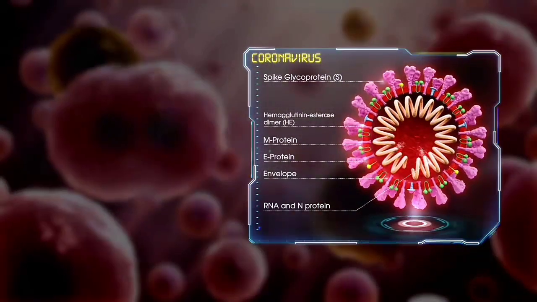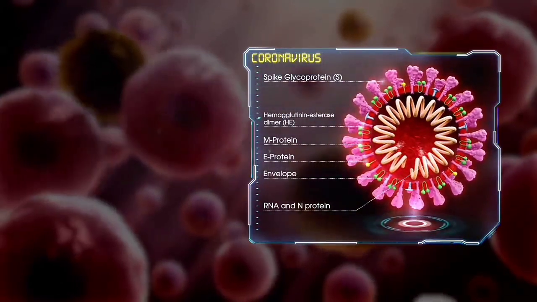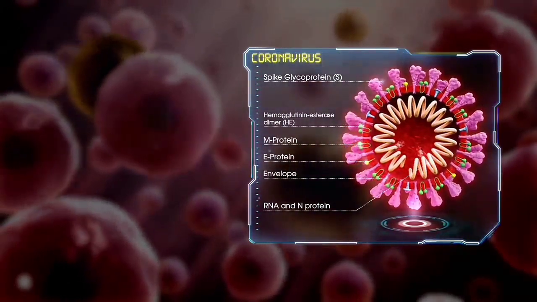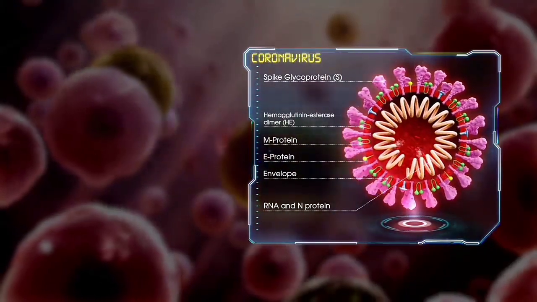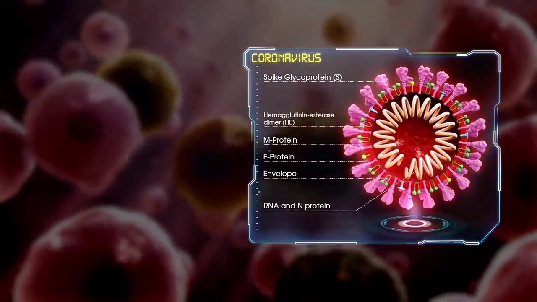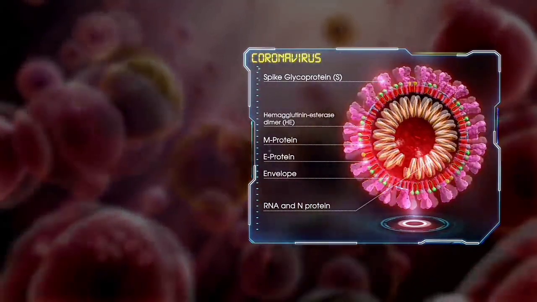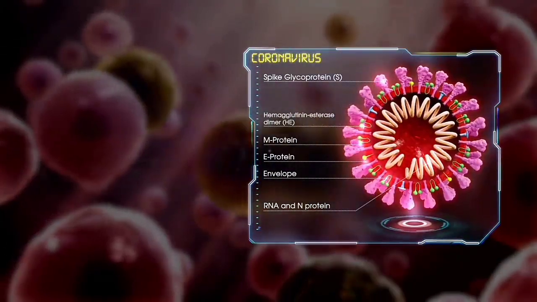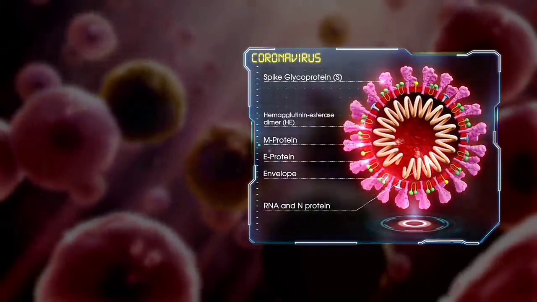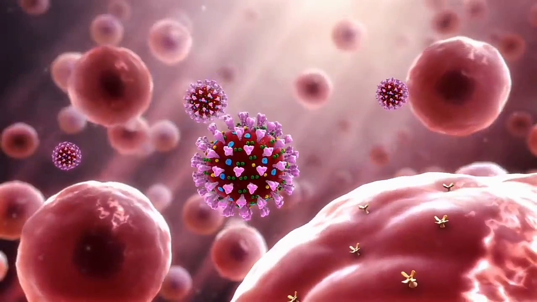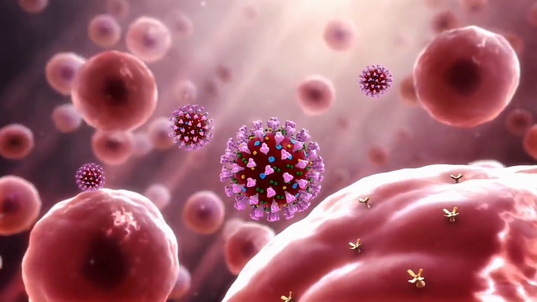Inside the virus lies the genetic encoding that allows the virus to hijack human cells and turn them into virus factories. A protein encapsulates the genetic material, known as the viral envelope, with the viral RNA and N proteins. The structure of the 2019 novel coronavirus is prone to mutation.